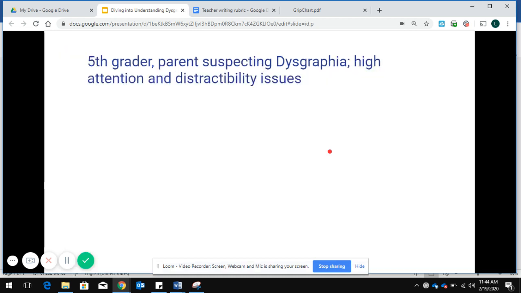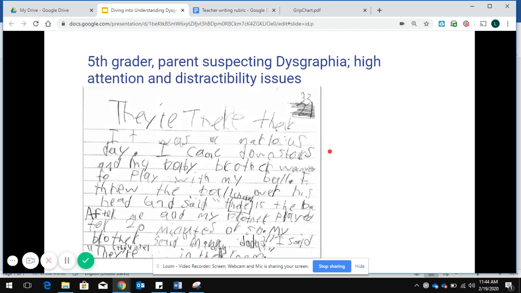Okay, this is a 5th grader. Parents were suspecting dysgraphia. There were high attention and distractibility issues. And let's just look at this writing sample. I'm going to give you a couple of seconds to look at it. What do you see? Definitely difficulties with spacing, right?